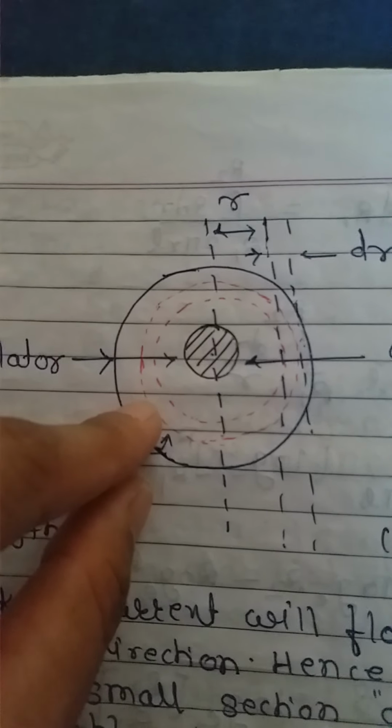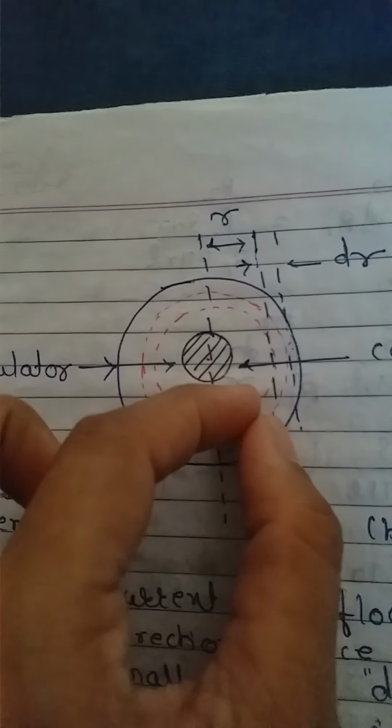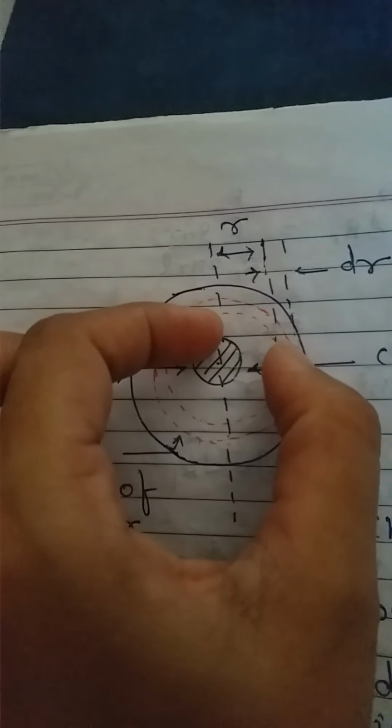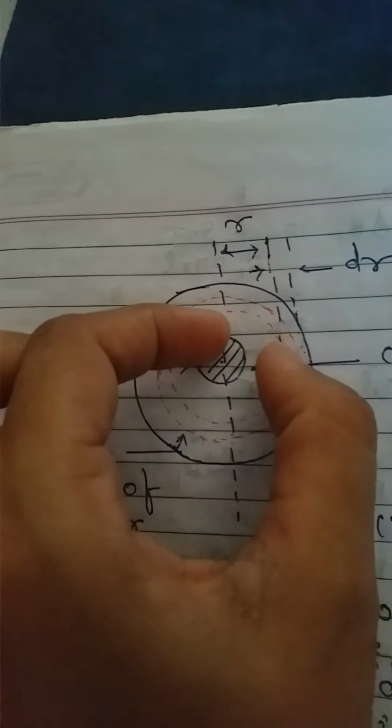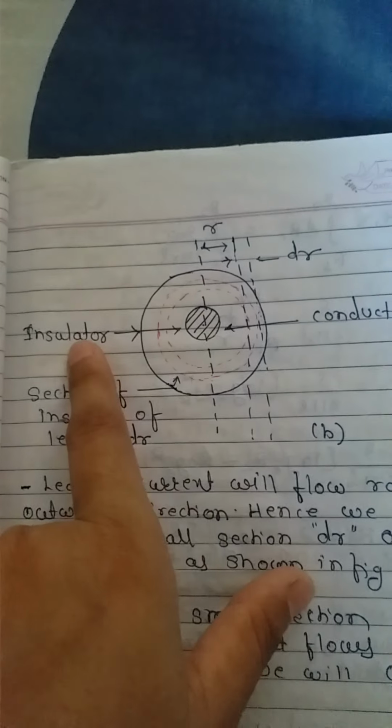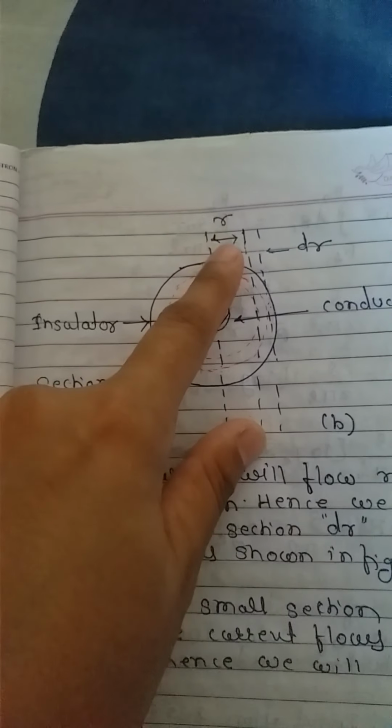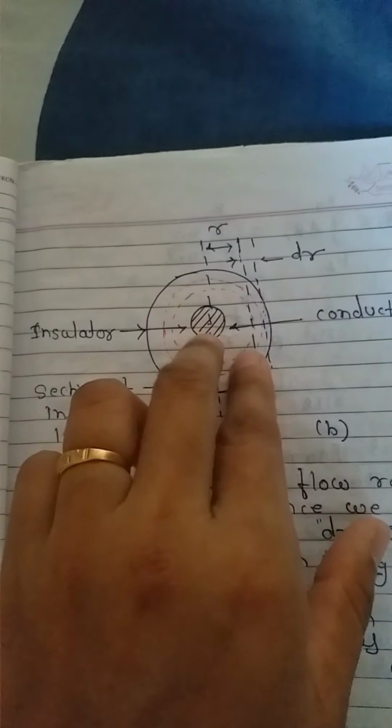Now observe very carefully, whatever leakage current is flowing is always radially outward, correct? So that's why we consider the small thickness dr, and the radius of this section will be r. So the section of insulator of length dr, shown here, is nothing but the thickness dr, and the radius is that of the smaller section we have cut.